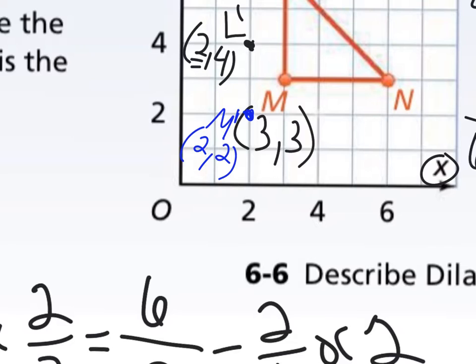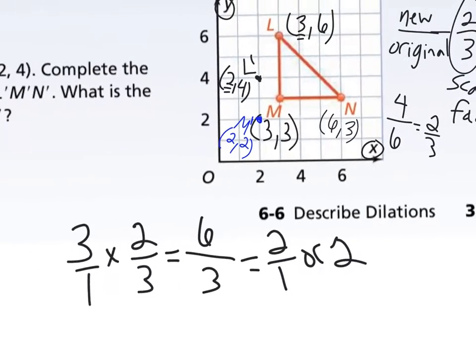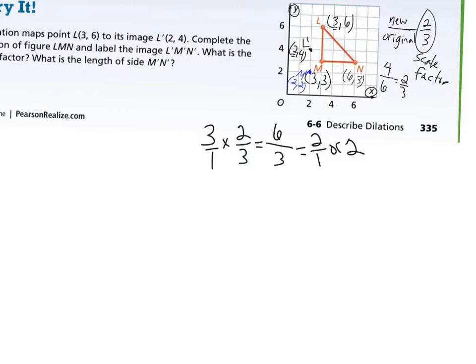So N, first of all, let's find the coordinates for N. So coordinates for point N are 6, 3. And again, our scale factor is 2/3. So we're going to take the 6. First of all, 6 times 2/3.